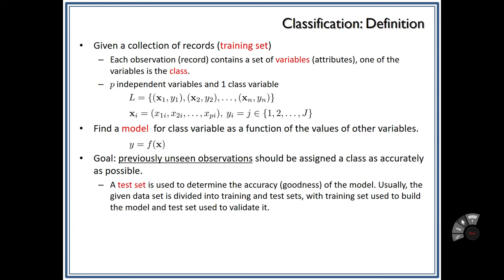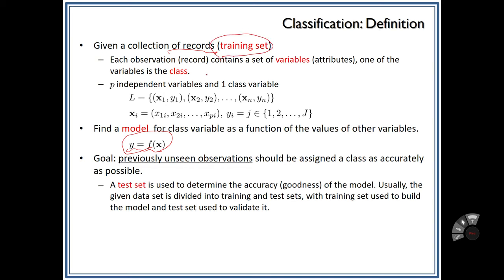So the model is a relationship between x and y, as you can see from this equation. We want to find this from a set of data, and that data consists of a set of records. So to find this model, the data set we use is called the training set.